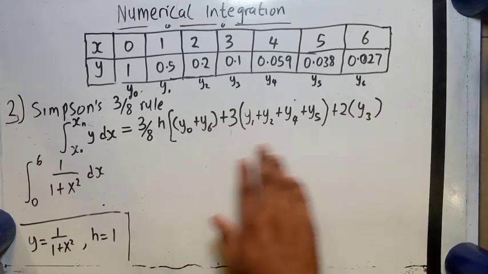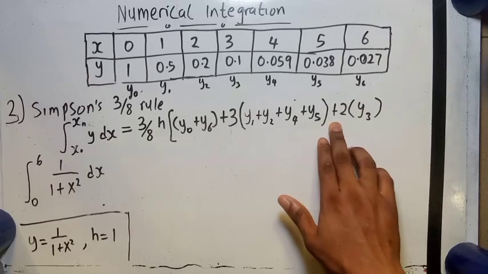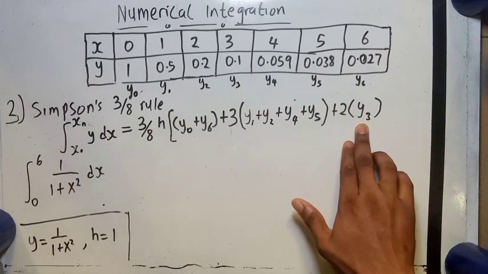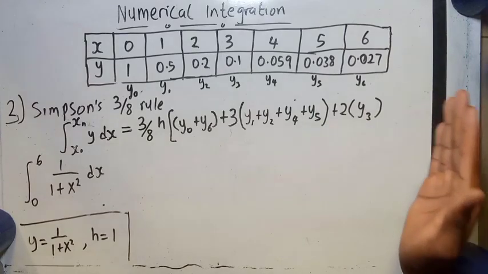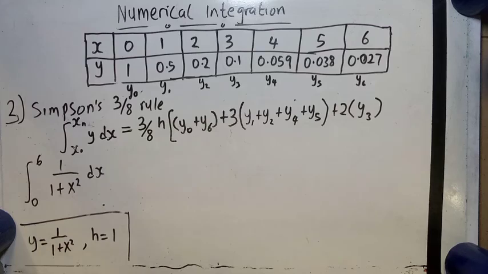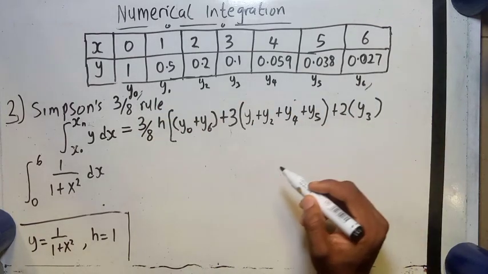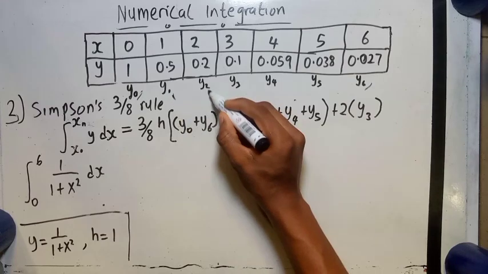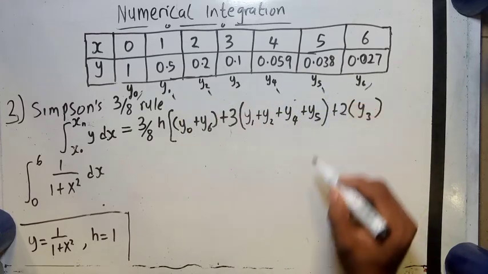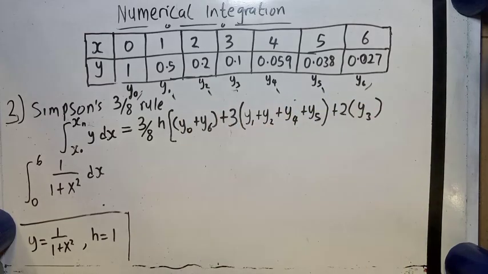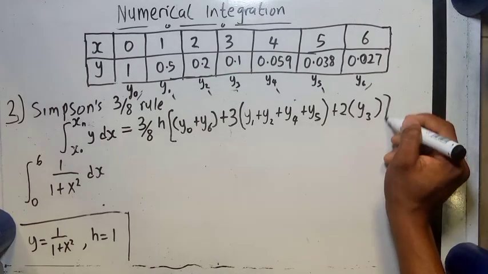After that, we then add it to 2 times the ones that you have not added. We added this one first, then this one, this one, this one, this one, and then finally this one. Hope this makes more sense.